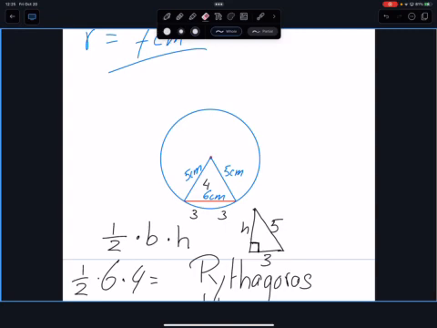So that is a triangle. This specific triangle, they say calculate the area of this triangle. The area of a triangle is a half multiplied by the base multiplied by the height. Yet, 5 is not the height.